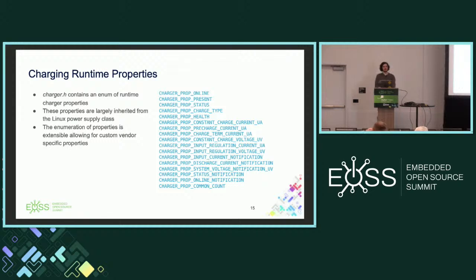But additionally, in Zephyr, we allowed for the properties to be extensible to allow for some custom vendor-specific properties. This is a pattern that you see throughout Zephyr where there'll be various properties tied to a subsystem, and there'll be a common count, and then anything beyond the common count is an out-of-tree extension of the existing properties.